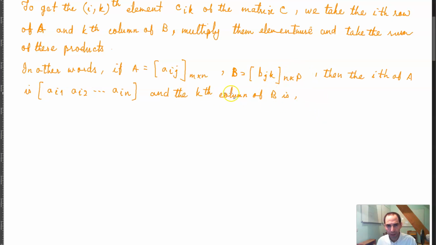So you have B of 1k, B of 2k, all the way up to B of nk, because you have n rows over here, right?